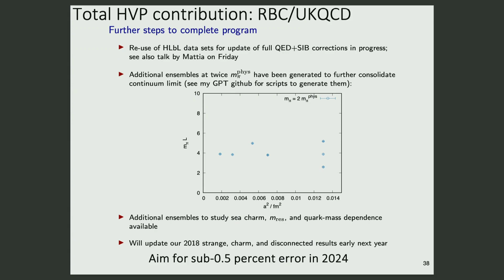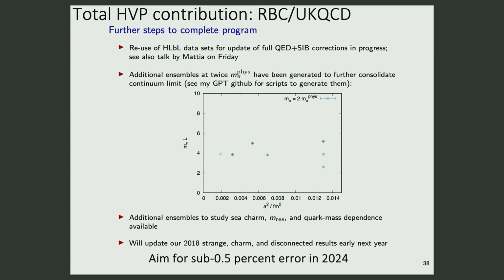Okay, so how do we finish the whole thing? What I told you was basically the isospin limit for the up and down quark contributions. We want to improve our disconnected quark contribution, which is actually very small compared to the connected. Improve our strange quark contribution, redo the charm quark contribution. Bottom is pretty negligible.